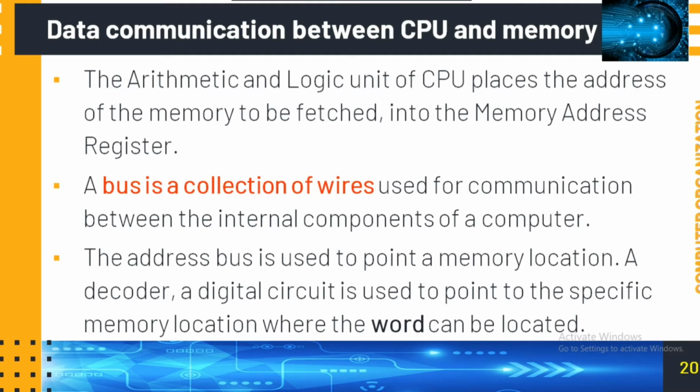A decoder, a digital circuit, is used to point to the specific memory location where the word is located. That is, where a particular word is located is specified by the decoder.